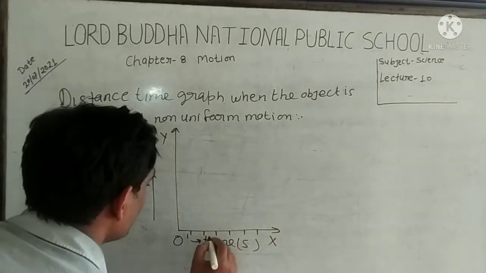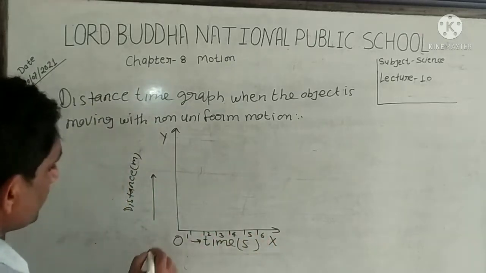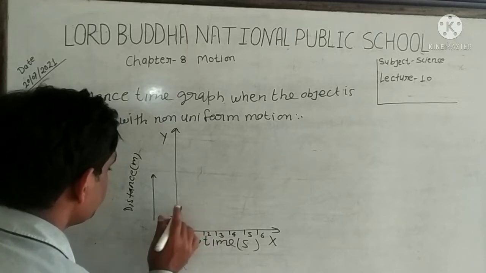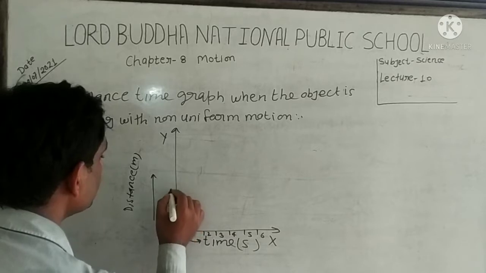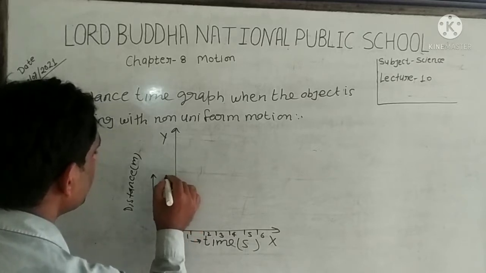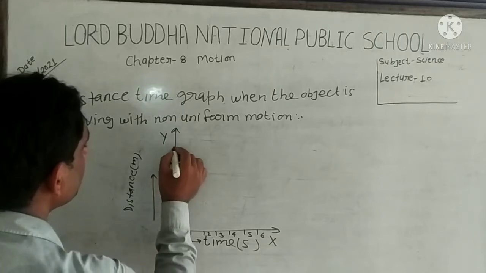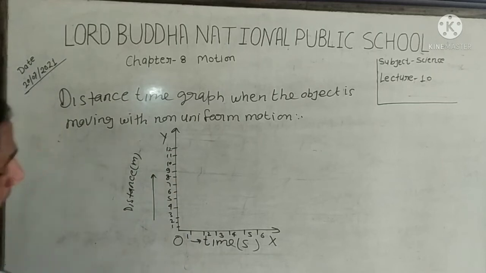We take 1, 2, 3, 4, 5, 6 on one axis and 1, 2, 3, up to 12 and so on on the other.